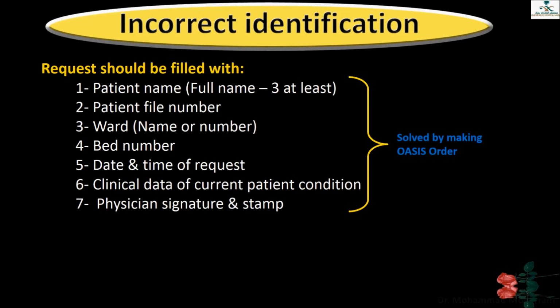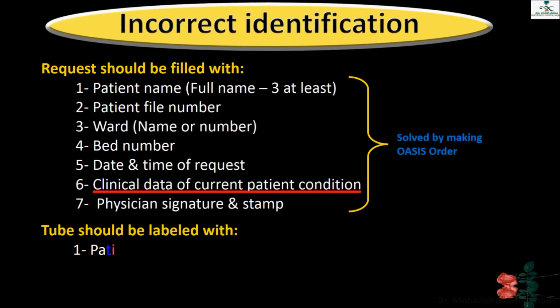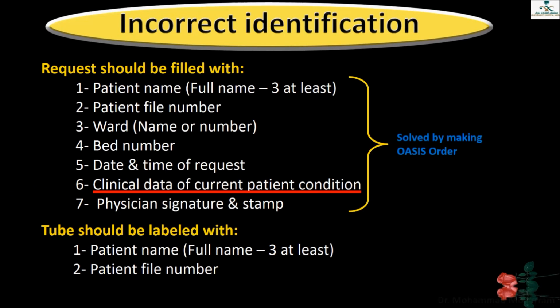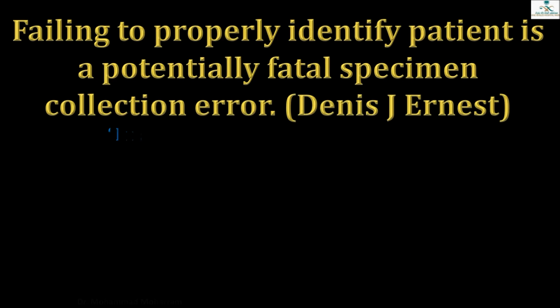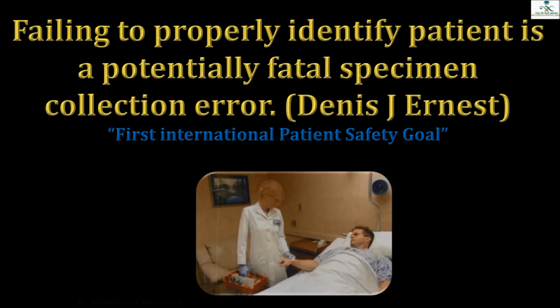All these items have been solved by making WASE's order, except number 6, which is still not solved yet. Tube also should be labeled with patient name, patient file number, and these items also have been solved by barcode sticker. Failing to properly identify patient is a potentially fatal specimen collection error.